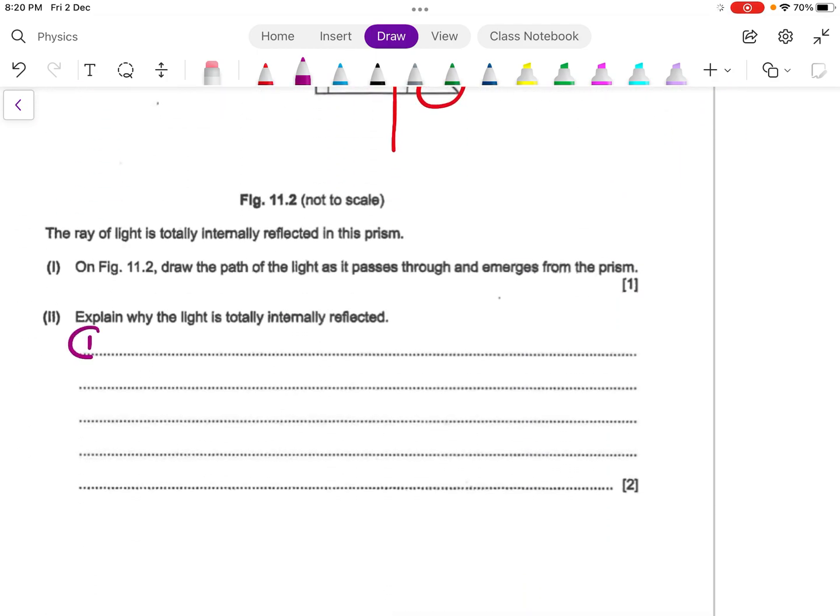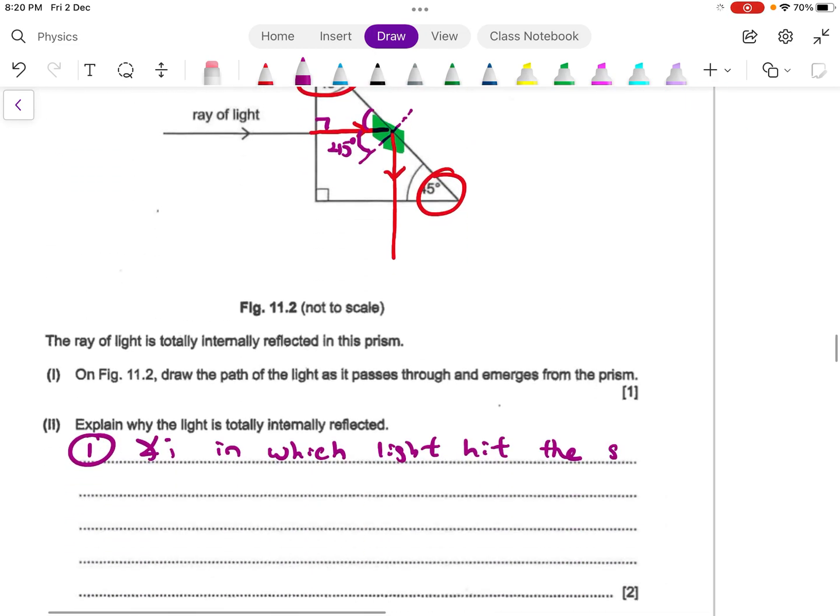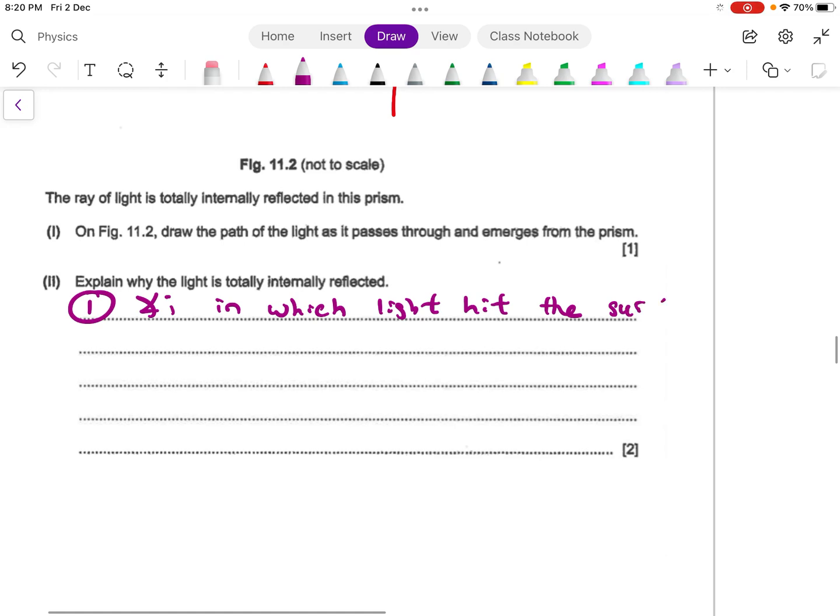Very first part is the angle of incidence at which the light hits the surface of the prism is 45 degrees. So that is the very first credit.